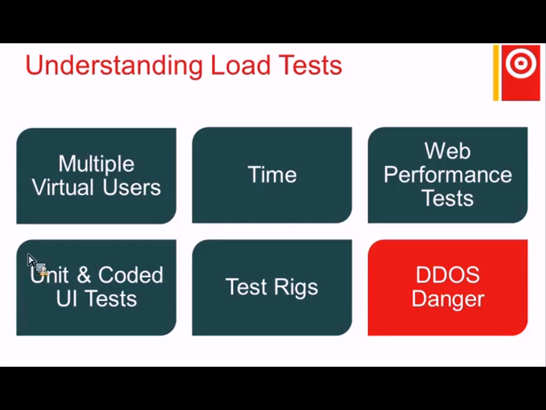Often, if you're going to be simulating more than 200 users, you really need to be working on a test rig. In fact, Visual Studio won't allow you to test from Visual Studio itself with more than 200 virtual users. A test rig basically consists of a controller and multiple agents, and each agent is capable of running an unlimited number of performance tests and unit tests, although each agent can really only run one coded UI test.